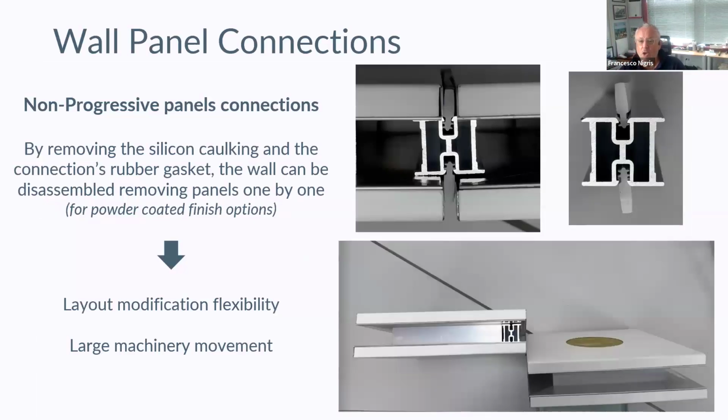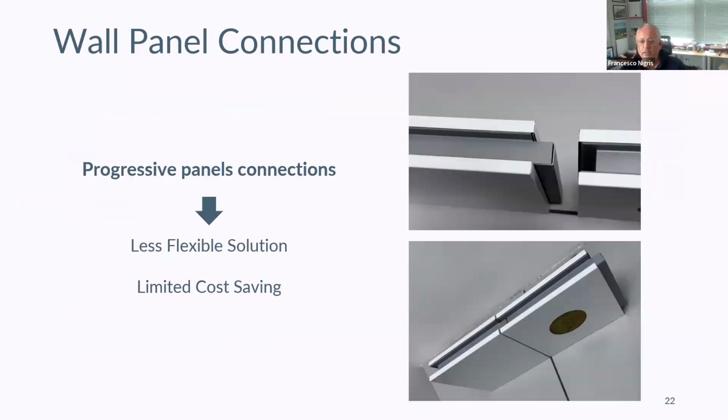Building a non-progressive system and making it easy is not a problem. This is, for example, the system used by Nicos, where you can easily remove a single panel by using a panel-to-panel connection, which is a combination of aluminum and rubber. And just by removing the rubber, you can easily remove the single panel. This is an example of how simple a non-progressive solution can be.